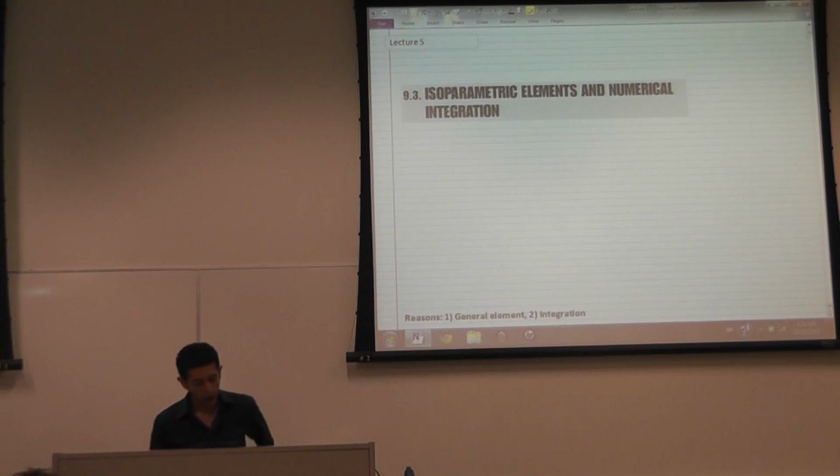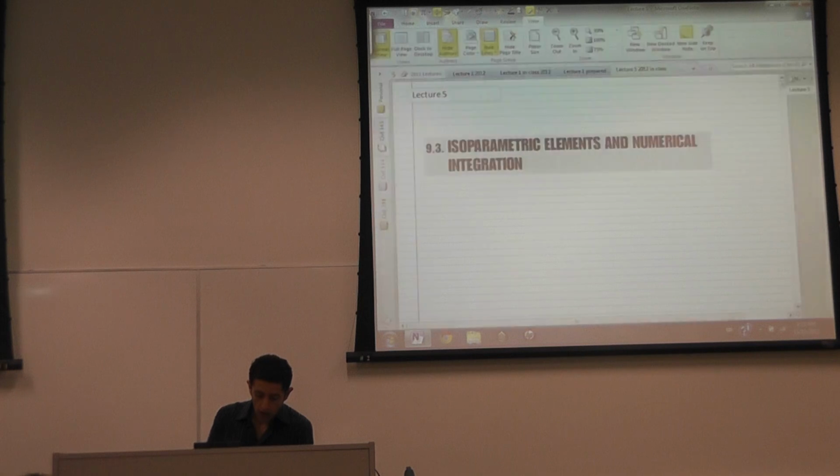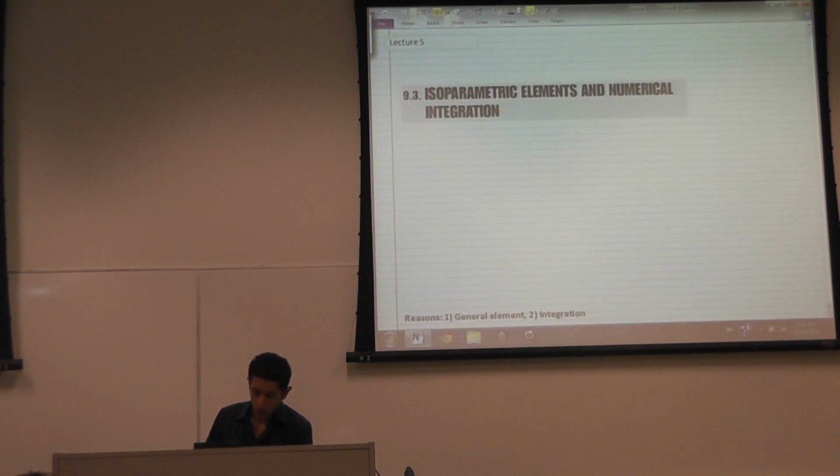So the elements that we described so far are very good in modeling any regular shape. We are able to get compatible displacements.